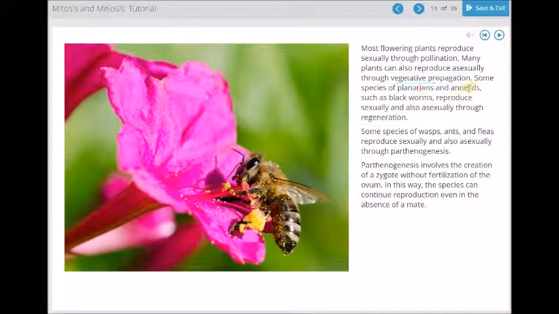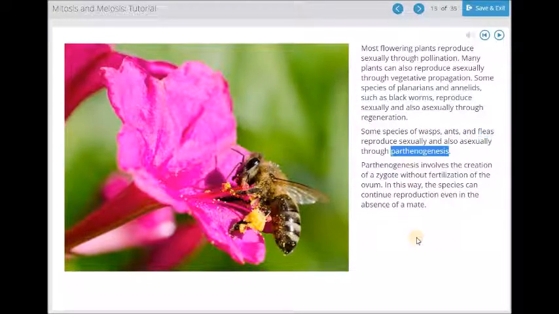There are some worms, planarians, annelids, some black worms. They do the same thing. There are these annelid worms that you can cut in half in the right spot and they'll grow into 2 new worms. It's crazy. Also, some wasps, ants, and fleas can reproduce even with only a female.